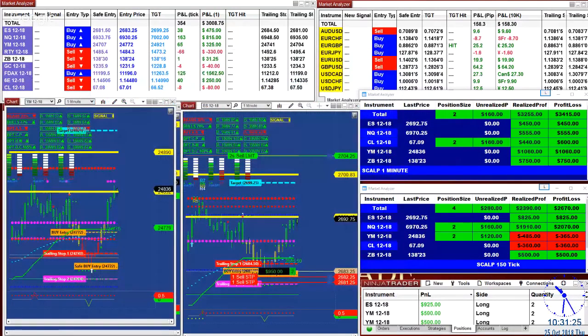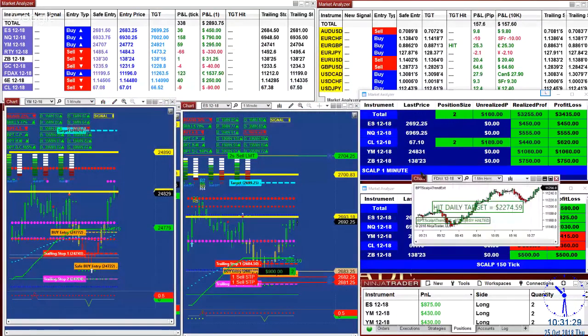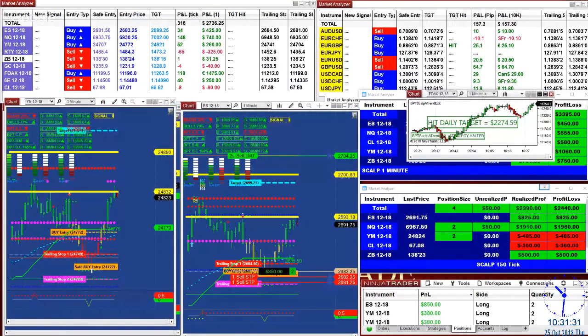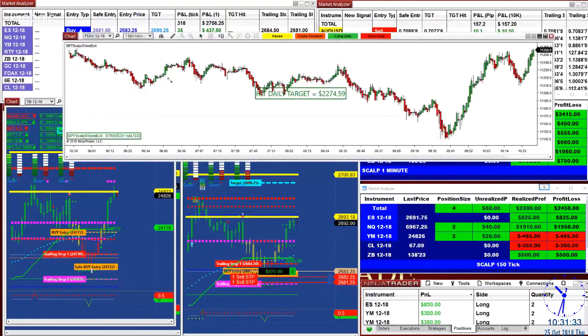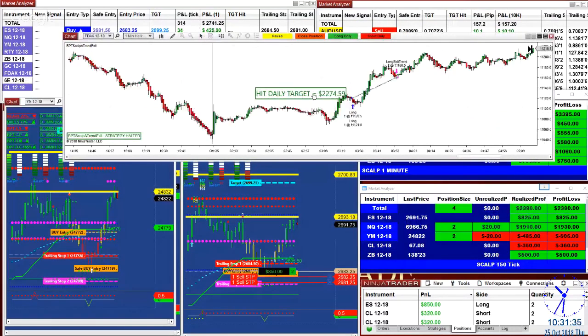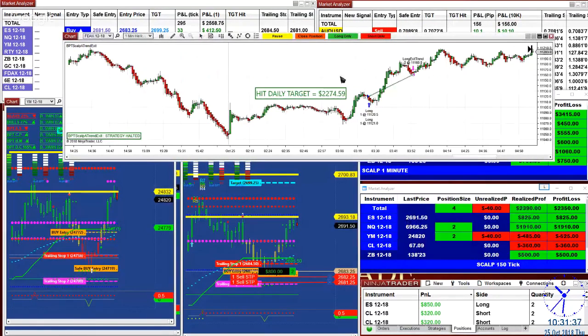While we are waiting, let me cover the DAX. This is my favorite chart, the 1 minute. One trade and filtered.